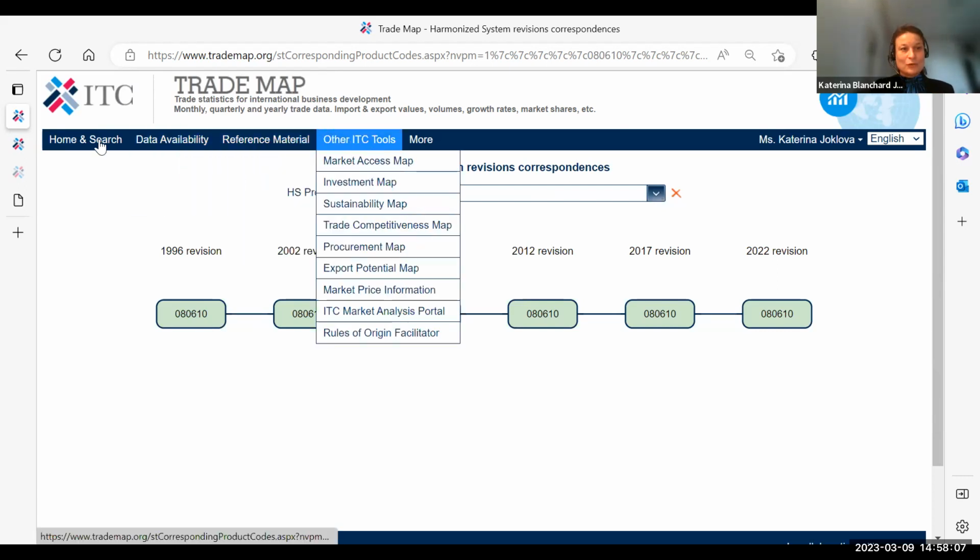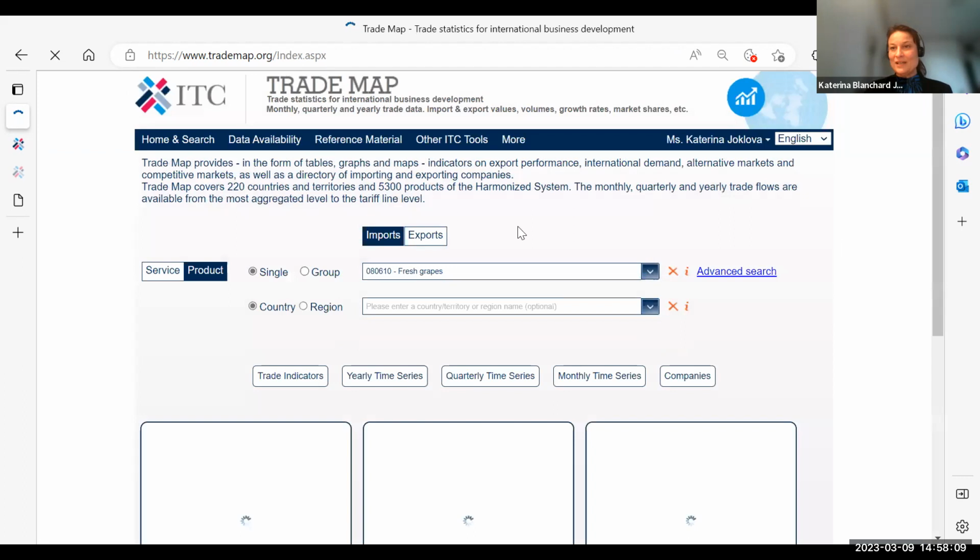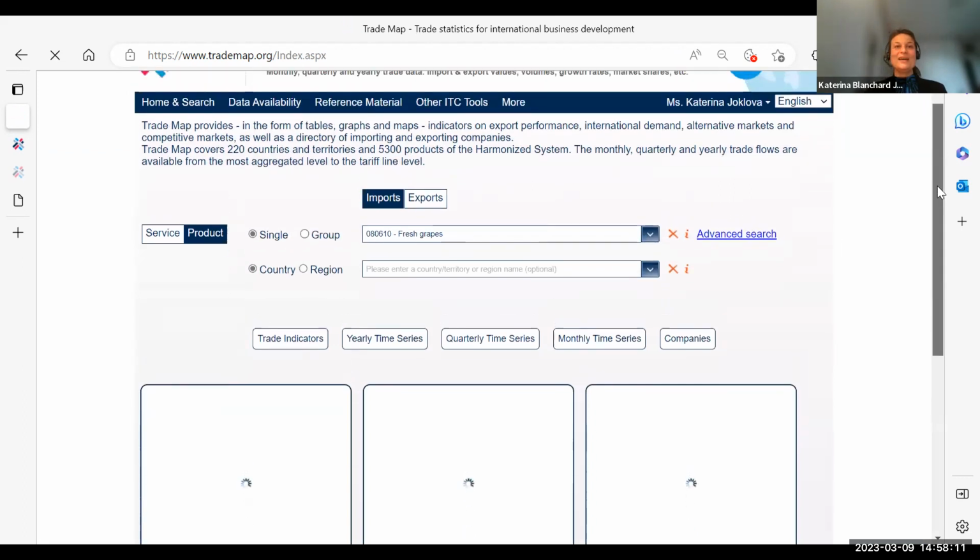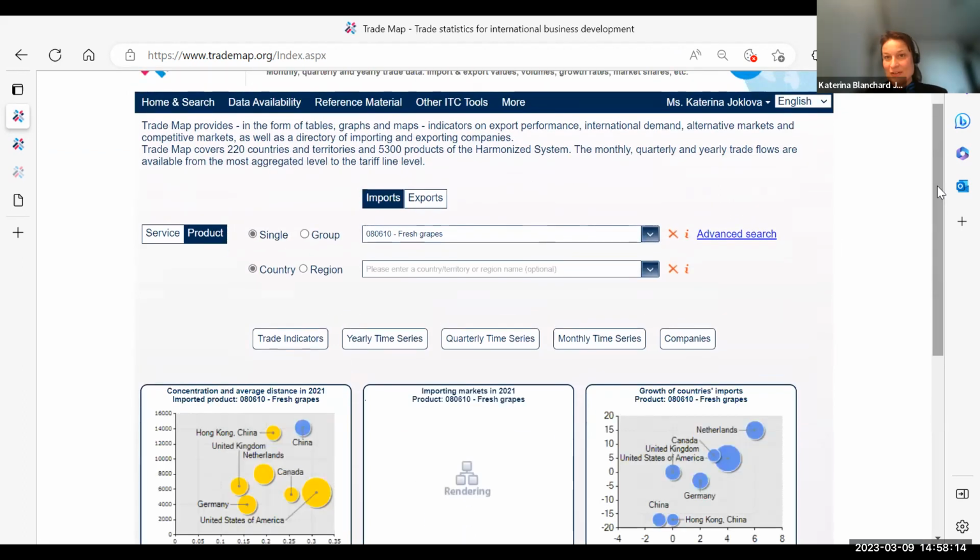So let's go back to the home page. Maria now works closely with her client, and the client would like to learn a little bit more about the demand, about the main importing markets for fresh grapes. For that, we select import here, we select the product, not the service, single product, because we are interested in fresh grapes.